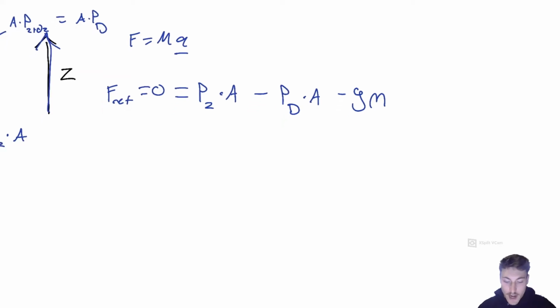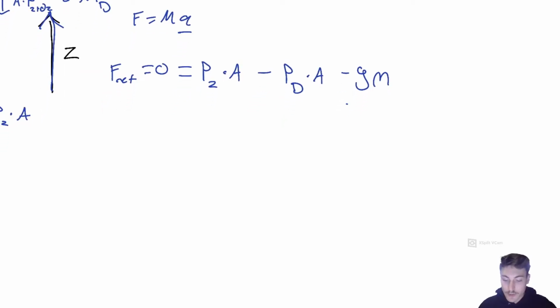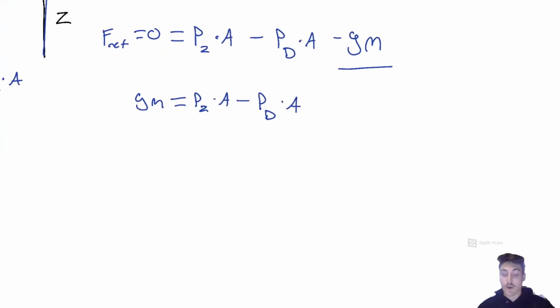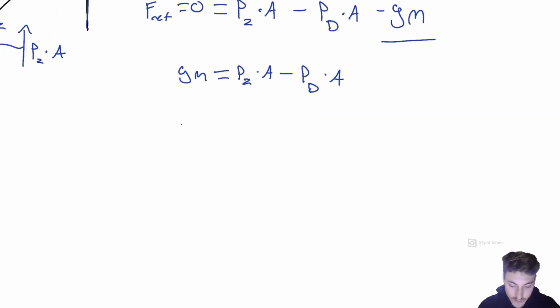Now we want to move this gravity times mass to the other side, so gravity times mass is equal to Pz times A minus Pd times A. Then we can factor out one of the A's: gravity times mass is equal to the negative area, which will be important later.